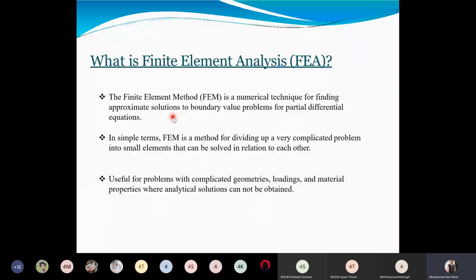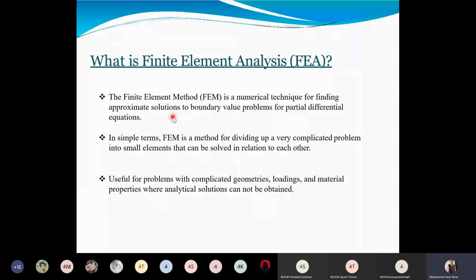On this topic, 2 to 3 problems will be asked: one problem on a 1D element and one on a 2D element, and additionally they will ask you a heat transfer problem. So there might be chances of 3 problems on this unit, so we have to cover that.